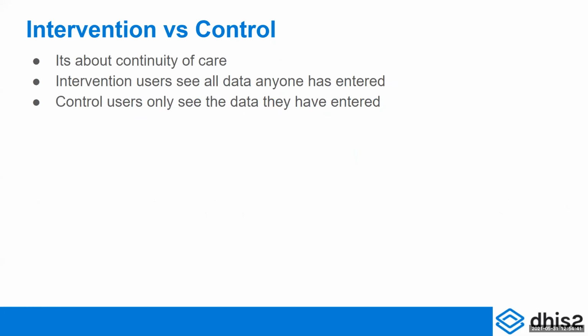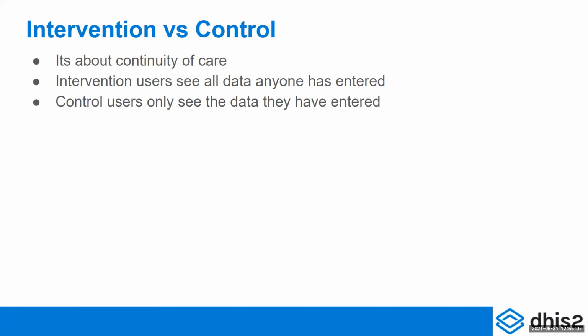So one of the big things that we wanted to look at in our research study was to see if continuity of care made a difference, because the setting in Bangladesh just had paper registers. They didn't have common use across the two directorates. They didn't have any shared data about the pregnant woman that they were both taking care of.